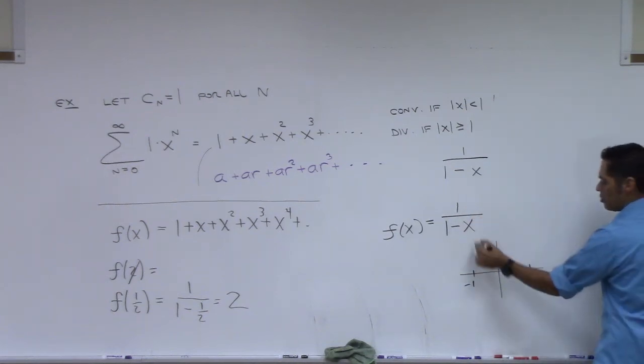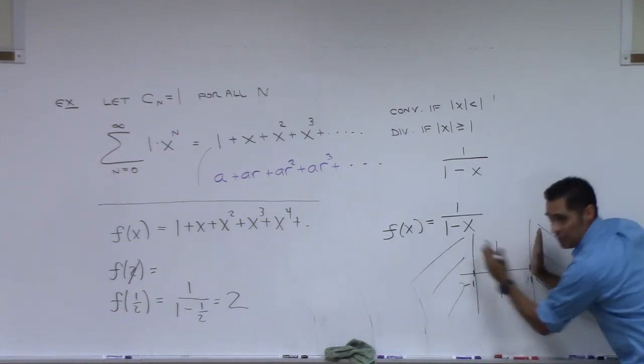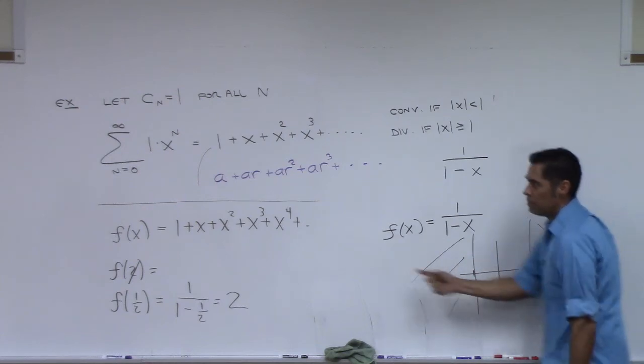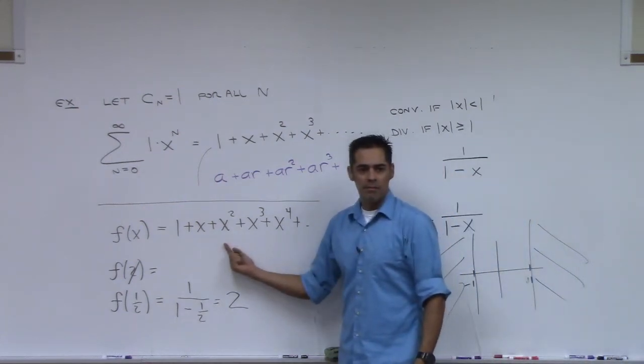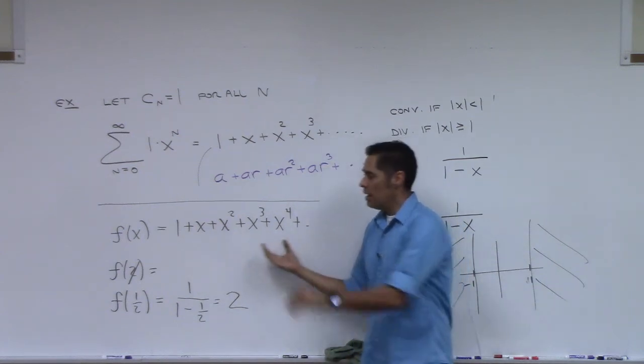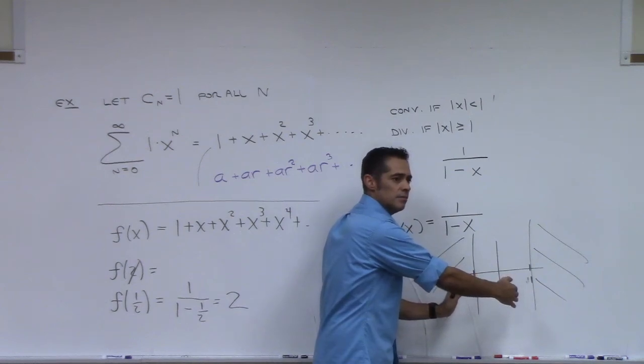So graph that function and just look in there at that function. It will be identical to that. This infinite power series is equivalent to that function inside that little interval.